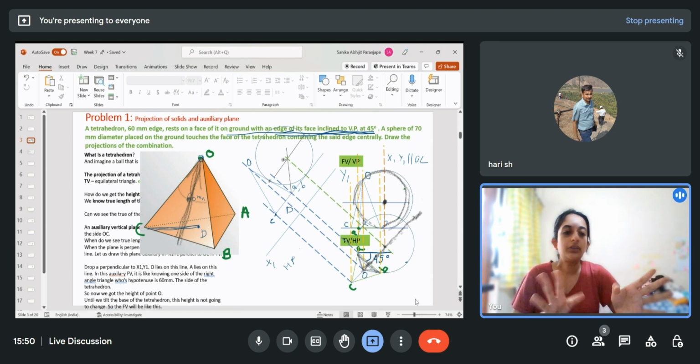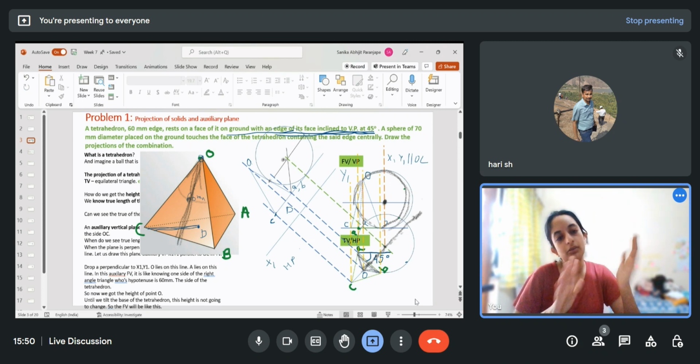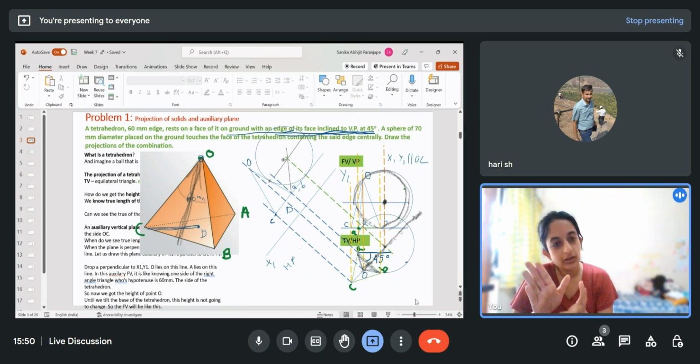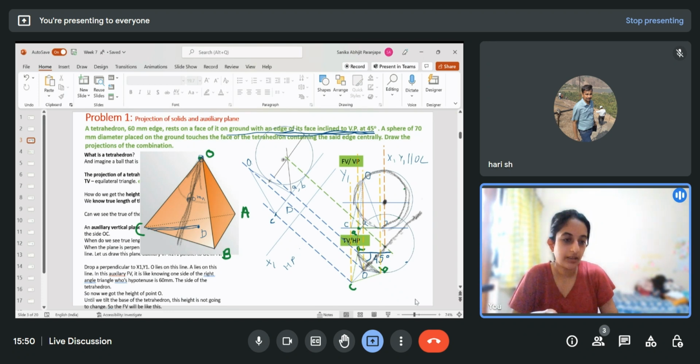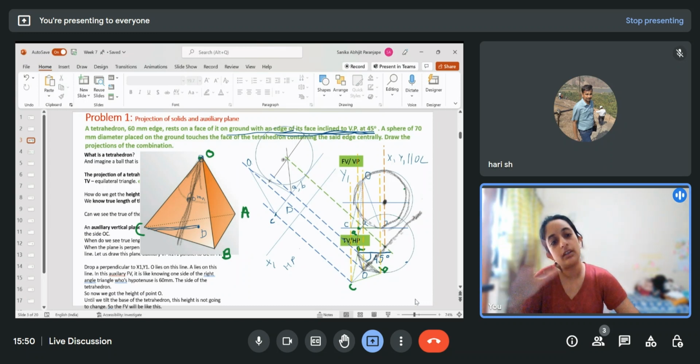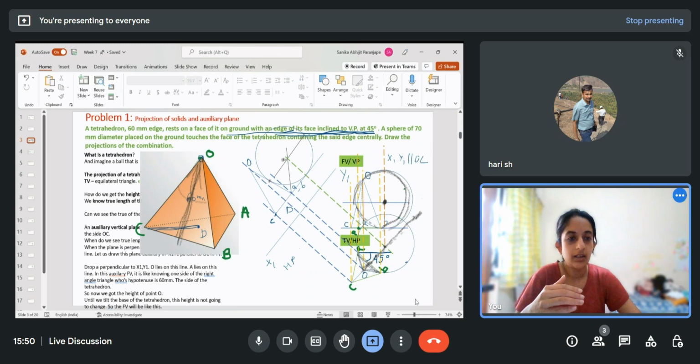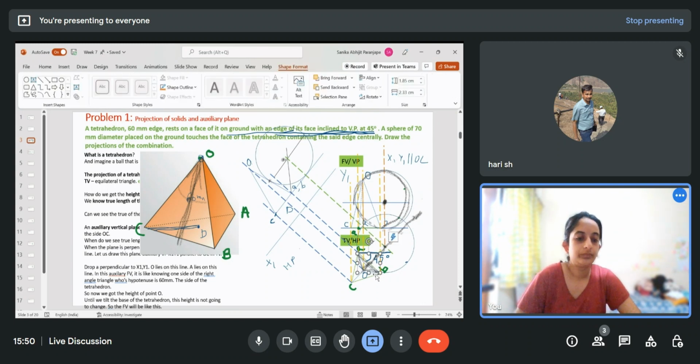So all you need to think about is when you can see the true length, and if you know the true length, then you can orient your object such that you can see the true length, construct it, and go ahead. So like you were saying, instead of drawing this auxiliary view, you could have also rotated this view like this, so that OC becomes parallel.